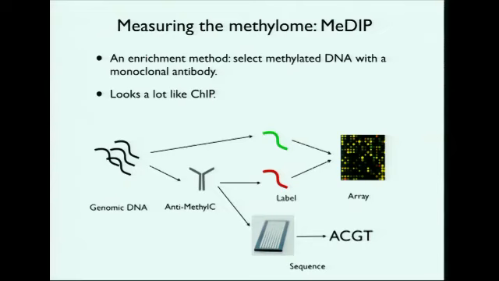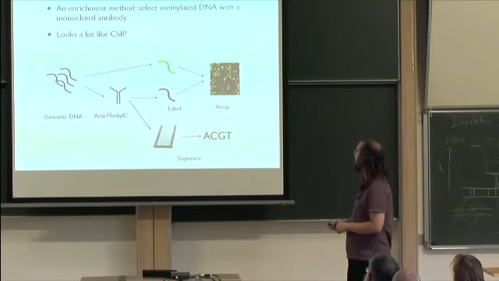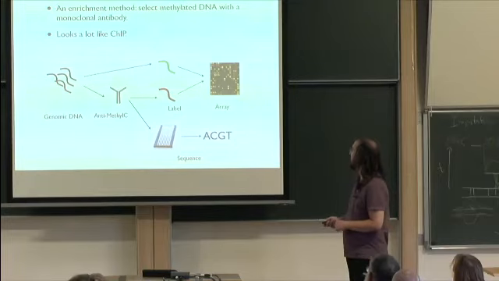This should be very familiar in that the experiment format is basically the same as ChIP, except in this case the antibody is recognising single-stranded DNA containing methylcytosine. So you've enriched for the methylated fraction of the genome.